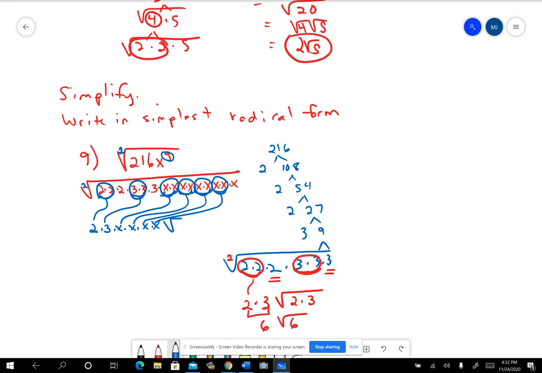Then you see how we'd have a 2 left, a 3 left, and an x left. So that would be a 2, a 3, and an x that would be trapped underneath still because there wasn't a pair. So this gives us a 6, and then x times itself 4 times would be x to the 4th power, and then another 6 underneath here with an x.